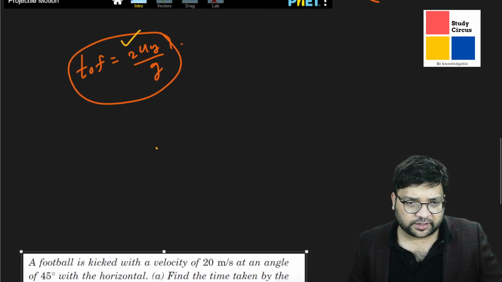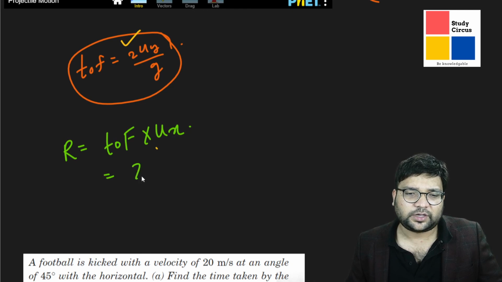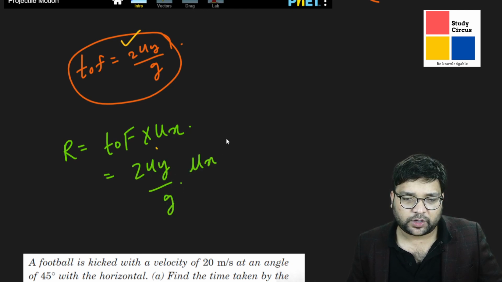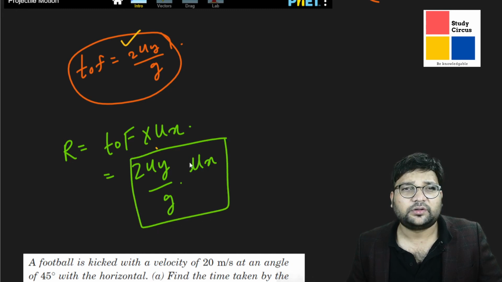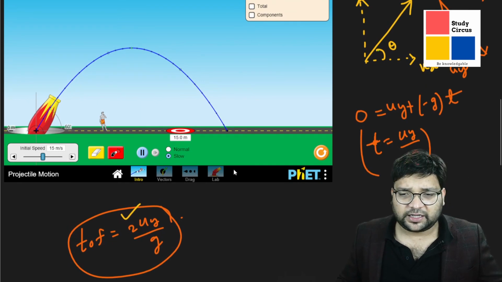So the range is nothing but the time of flight into ux, that is 2uy upon g into ux, the range of the projectile. We'll discuss this in detail in the next video.